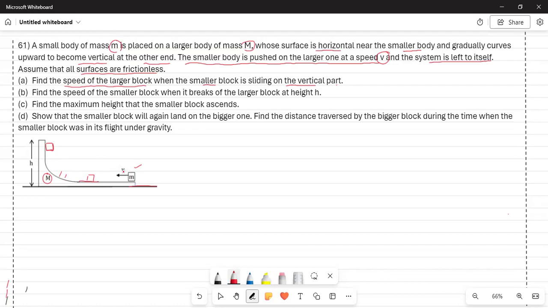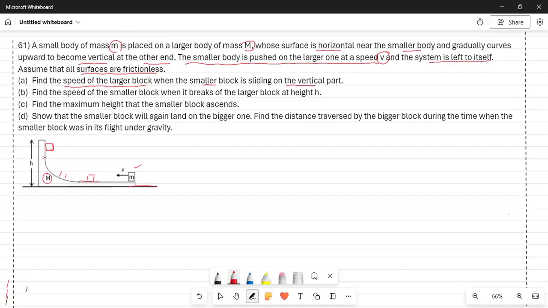Now, the smaller block has a momentum, and this momentum will be passed on to the larger block also. And mind it, here the smaller block remains attached to the larger block.